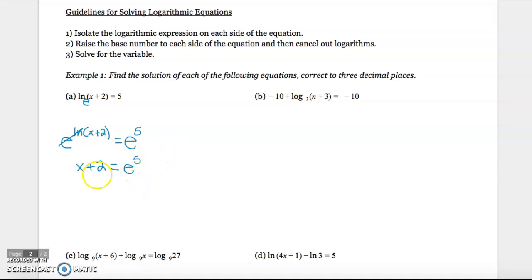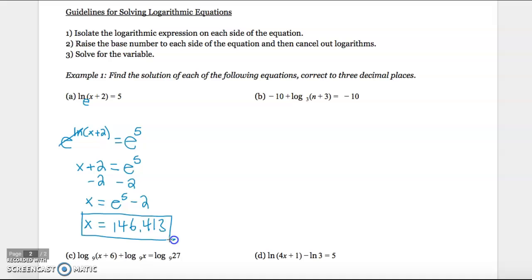Now you can start solving for x. I'll subtract 2 from both sides, and in my calculator I can do e to the 5th minus 2 and get a number rounded to 3 decimal places: 146.413. Voila.